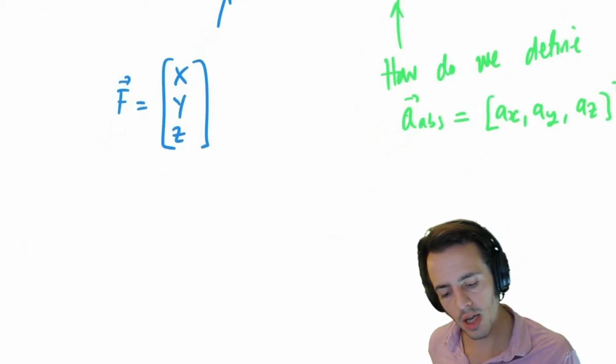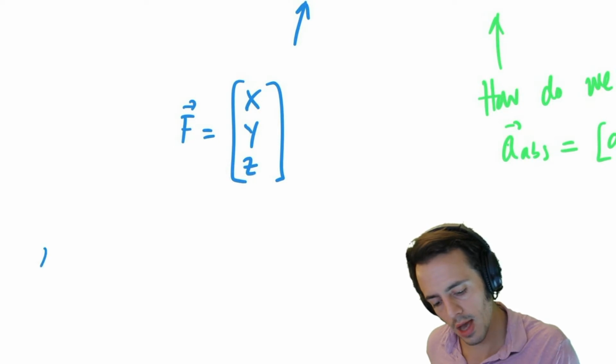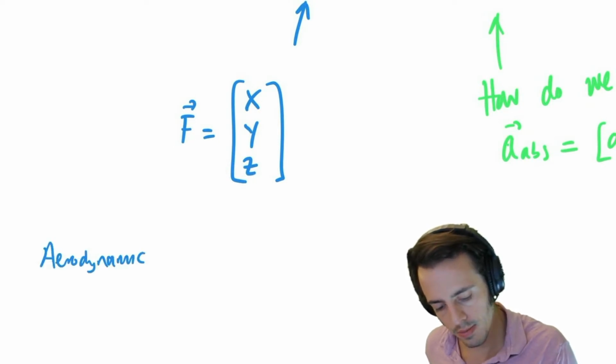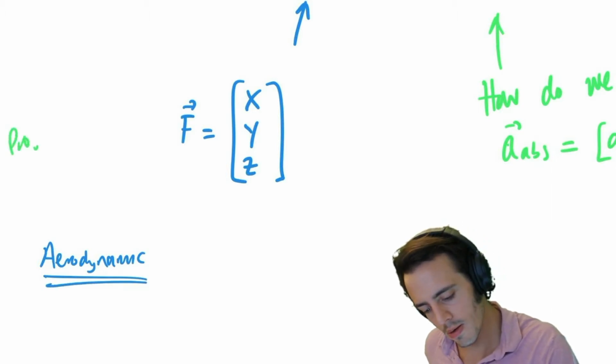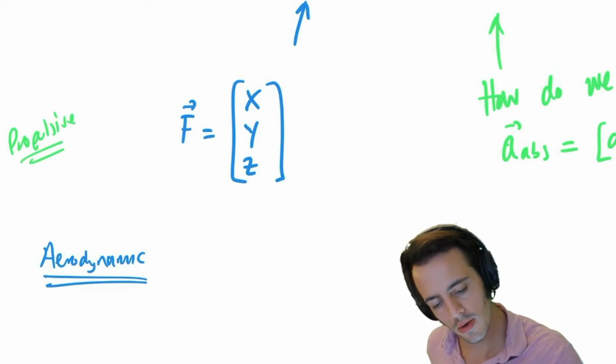But there are different things that go into this. So we know we've got, say, aerodynamic. We've got propulsive. And we've got gravitational.